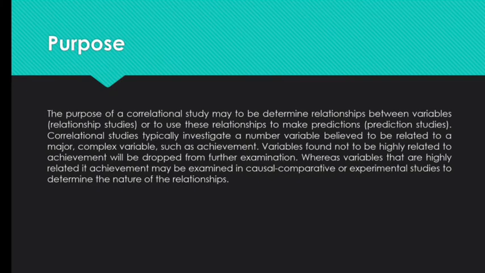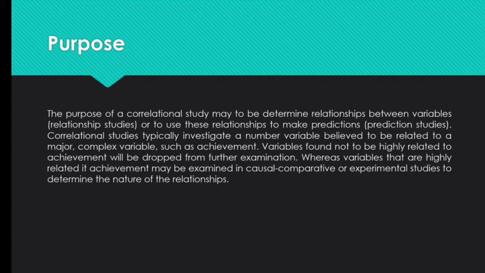Next is the purpose. The purpose of a correlational study may be to determine relationships between variables, or relationship studies, or to use this relationship to make predictions, or prediction studies. Correlational studies typically investigate a number of variables believed to be related to a major complex variable such as achievement.